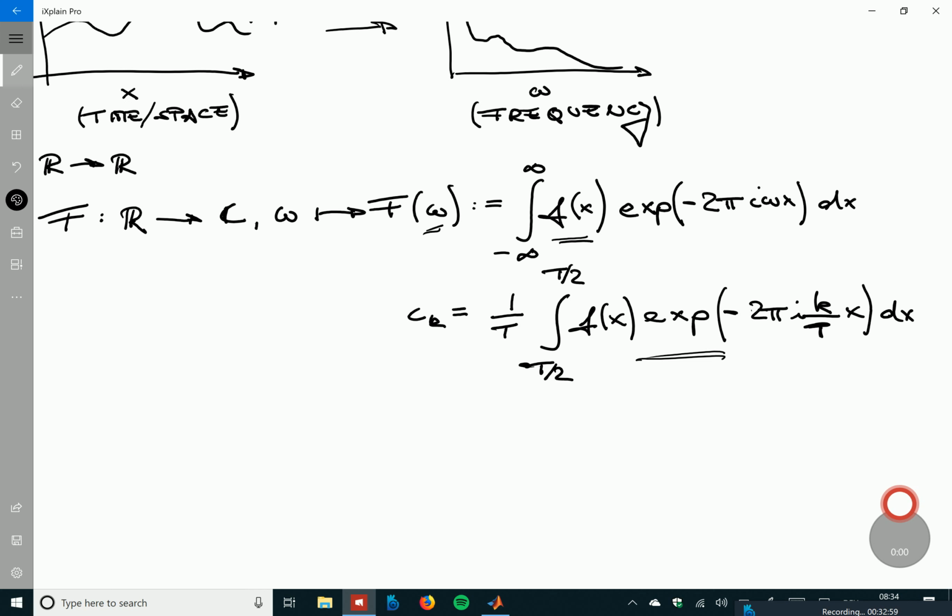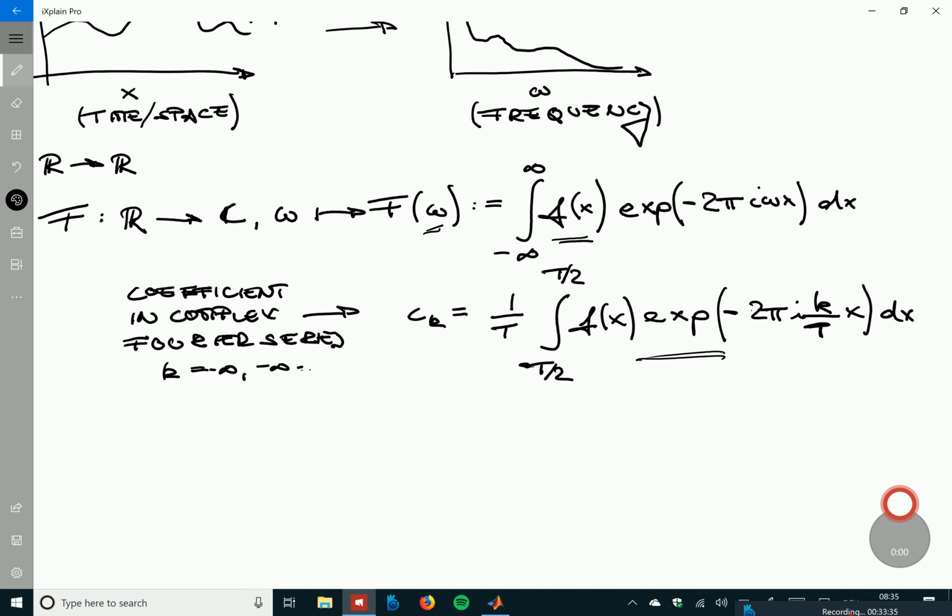This is the coefficient in the complex Fourier series, for k from minus infinity, if something like this would be possible, to infinity.